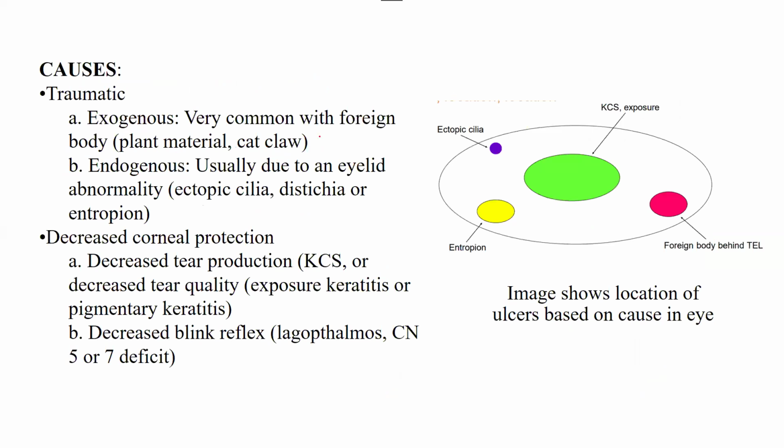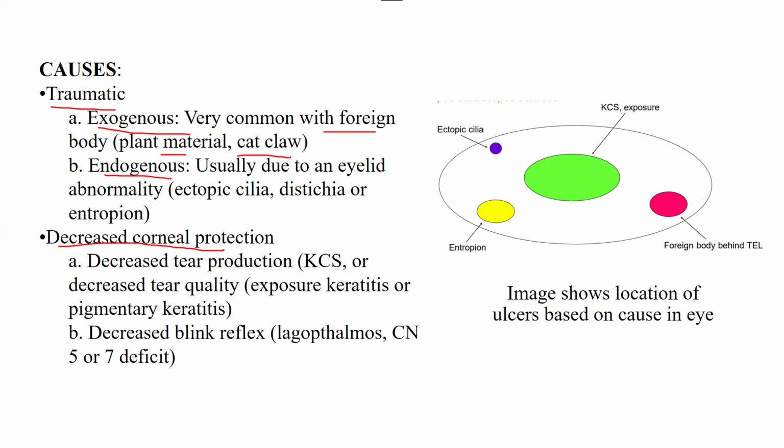Next come the causes of uncomplicated corneal ulcers. There are two major categories. One is traumatic and the other one is decreased corneal protection. Let's study the traumatic one. In the traumatic one, we have either exogenous or endogenous sources. Exogenous are very common, with foreign bodies like plant material, cat claws, anything that has been a source of ulceration or damage to the corneal epithelium.